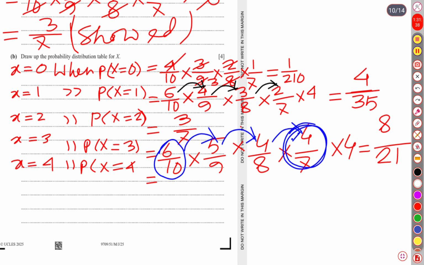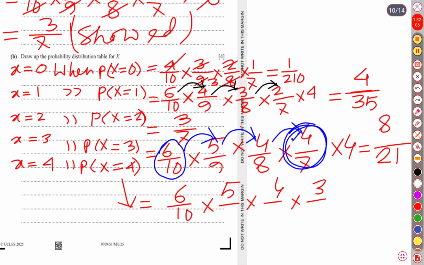Then the final case. In the final case, all four are blue. If all four marbles picked are blue, then it is going to be 6 over 10. Second one is also blue, 5, then 4, as well as 3.